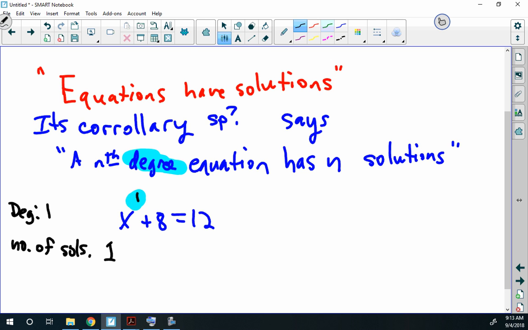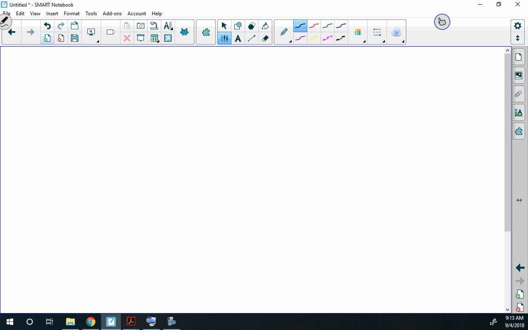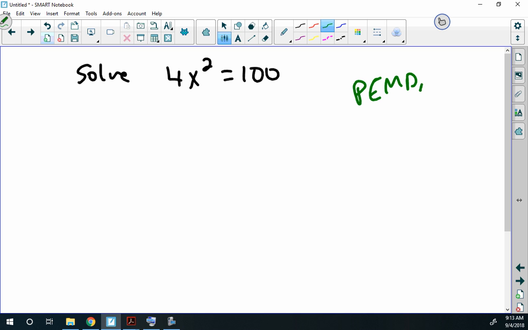Okay. So here's the equation that I gave them. I said, solve 4x squared equals 100. Now, we are talking about how to solve basic equations, and I don't know if your algebra teachers made this clear, but I'm sure you've heard of PEMDAS. PEMDAS is used to evaluate expressions.